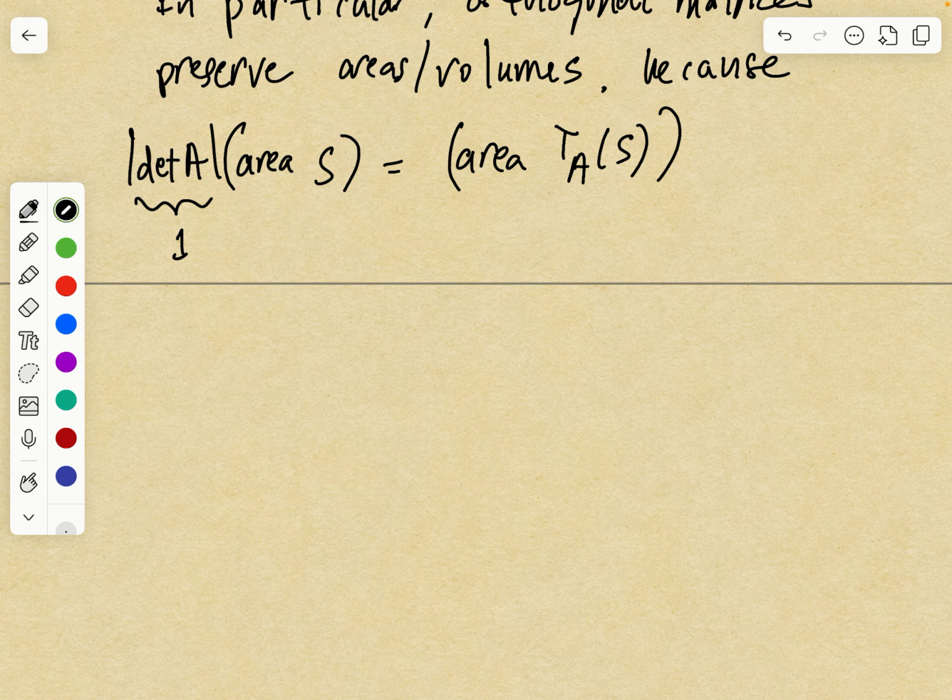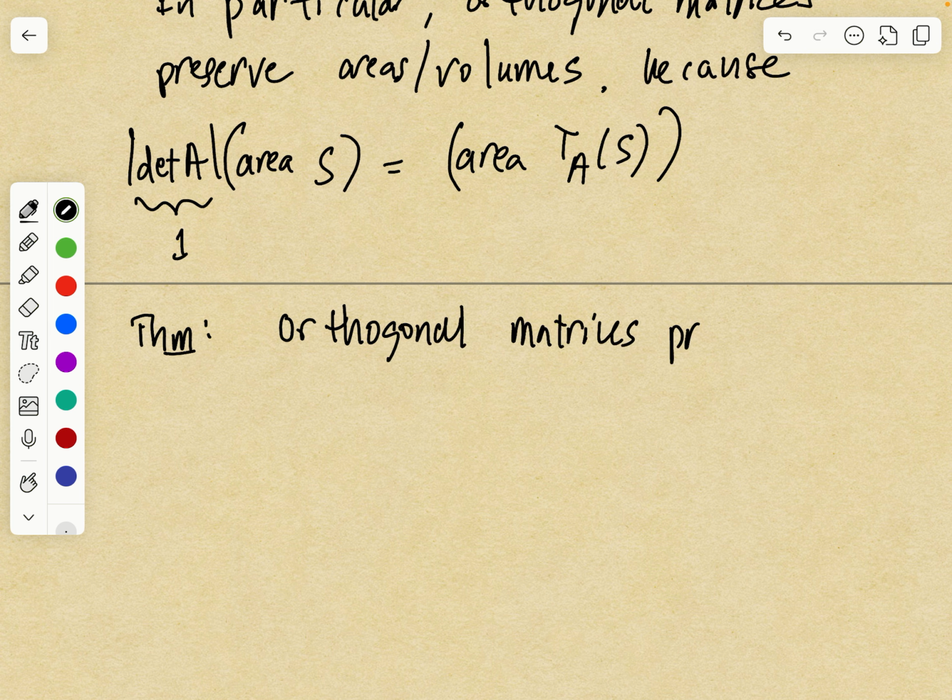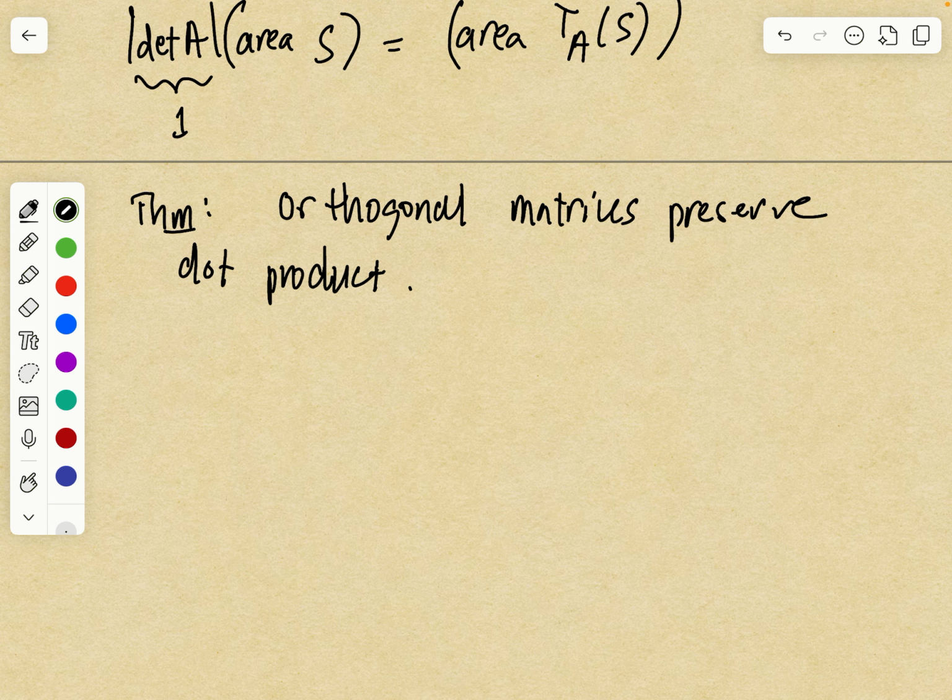Okay. But orthogonal matrices preserve a property that is just as important, and that's the dot product. So the theorem is orthogonal matrices preserve the dot product. And what does that mean precisely?